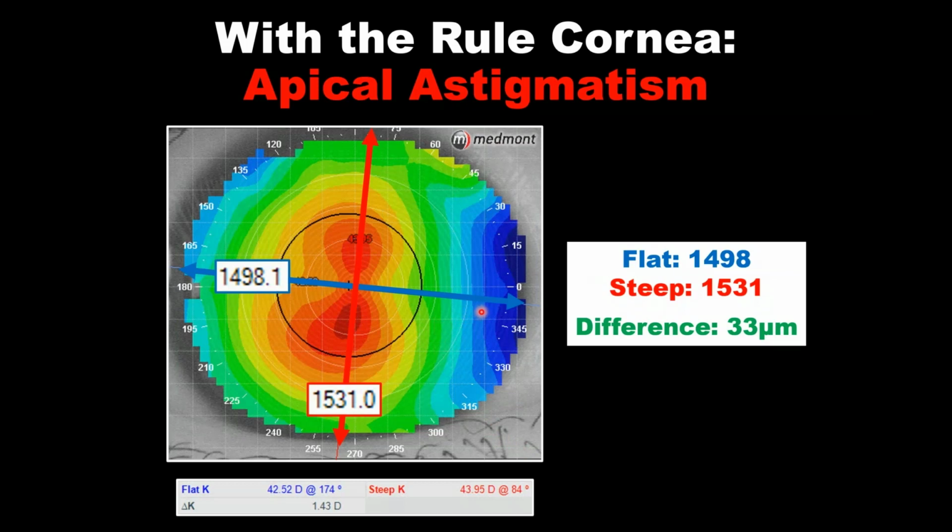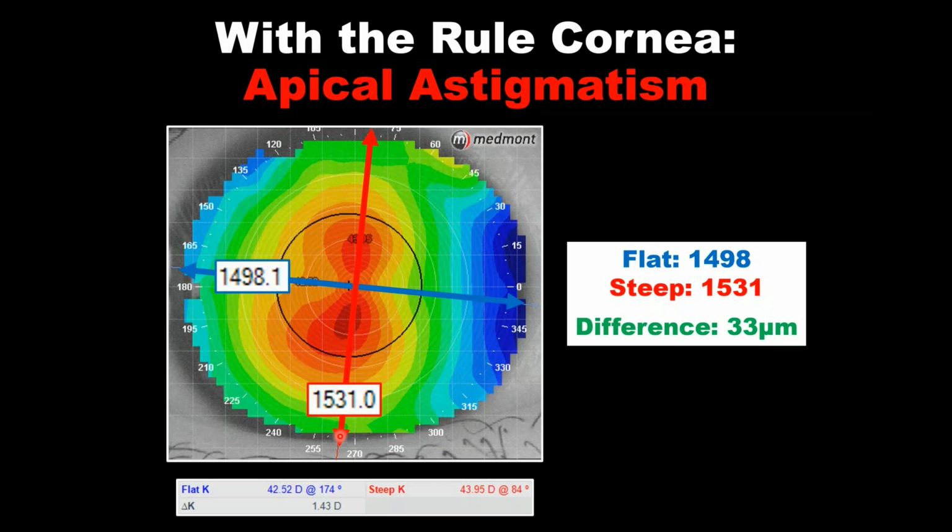Now remember that a rigid contact lens will always bear across the flattest corneal meridian. Now why is that? Why the flat meridian of the eye? Why not the deepest meridian of the eye? And of course, it's because the flat meridian of the eye has the least sagittal depth. The corneal elevation in the periphery is the highest, whereas in the steep meridian, the elevation is the highest, but that's sagittal depth.